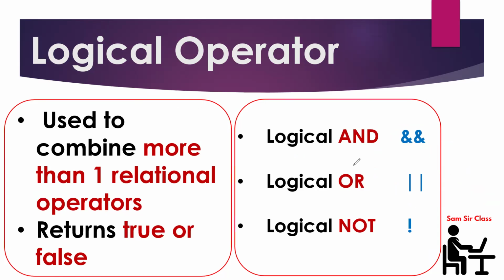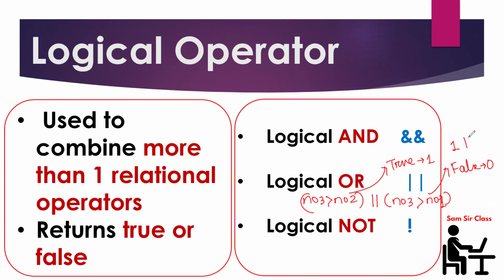In logical OR, we write in the same way: number 3 greater than number 2 or number 3 greater than number 1. Suppose this returns true, then it will return 1. But suppose this returns false, then it will return 0. 1 or 0 will return 1.